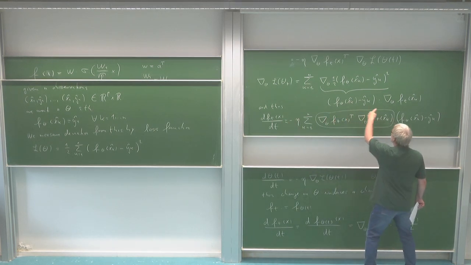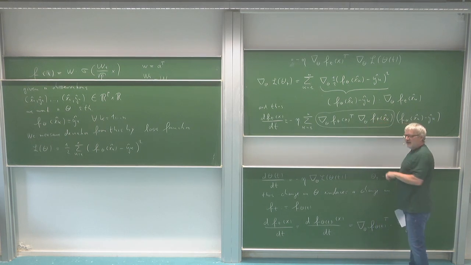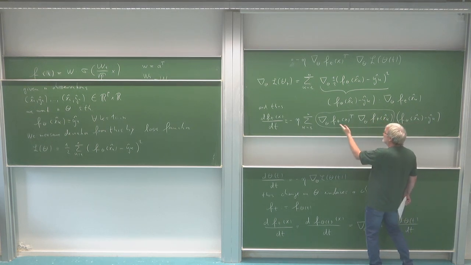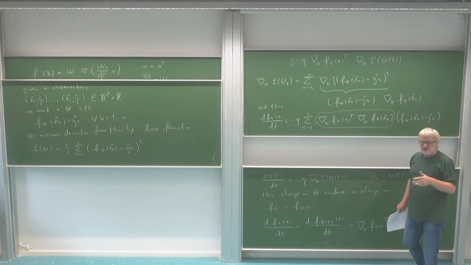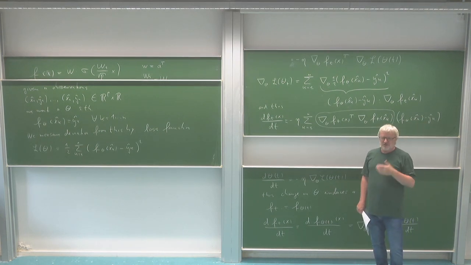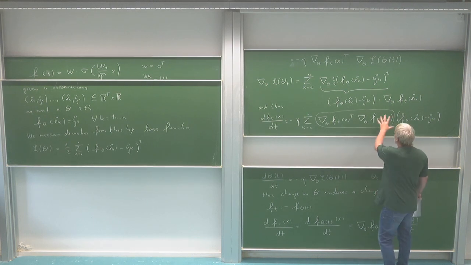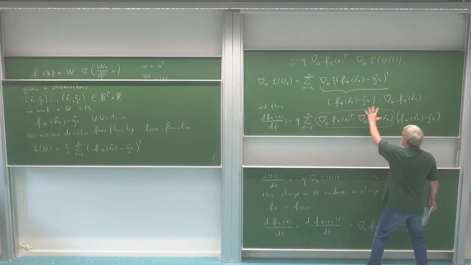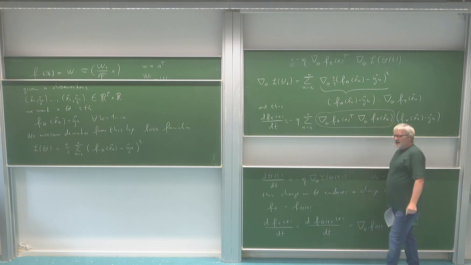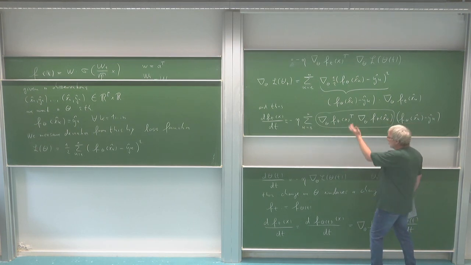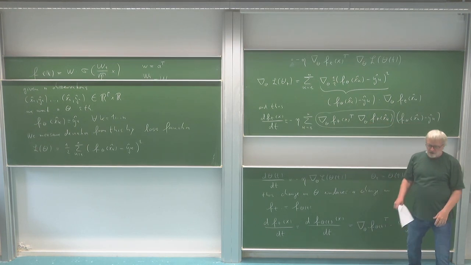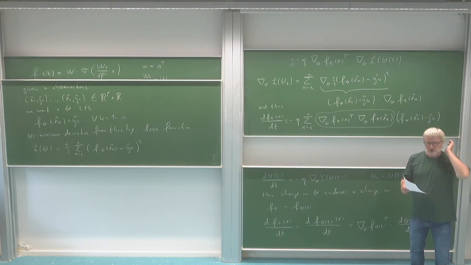So I have here an object which you can say depends on two variables, and I'm acting with this guy here in a form as I do it usually with a kernel. A kernel is something which depends on two variables, and usually you integrate or you sum over one of them, and the output depends then on the other. And that's exactly what I'm doing here. So essentially this here is an object which governs this time evolution, and this is a kernel, a very important kernel in this context, and this is usually called a neural tangent kernel.